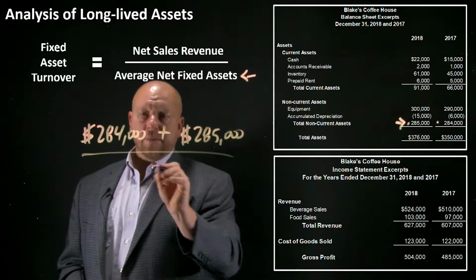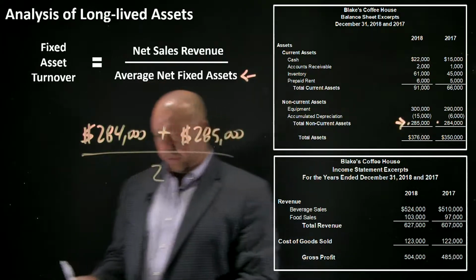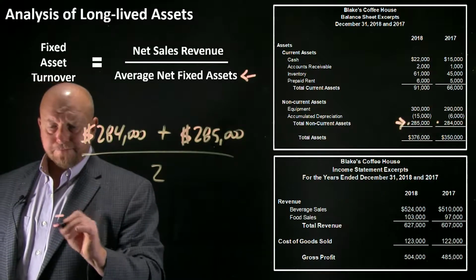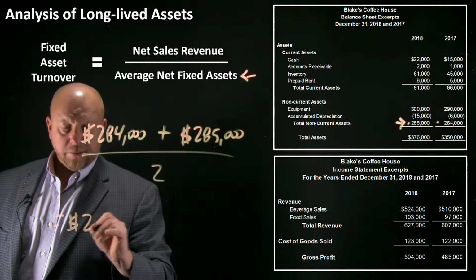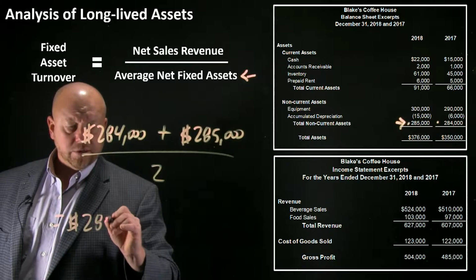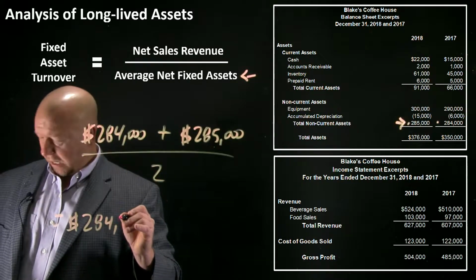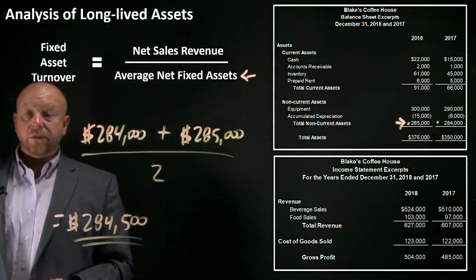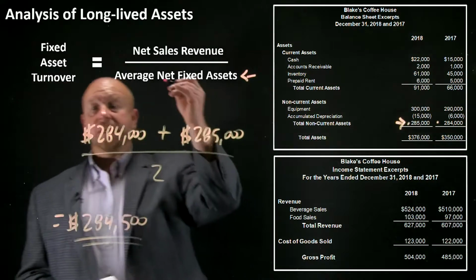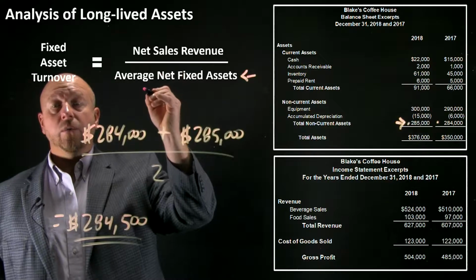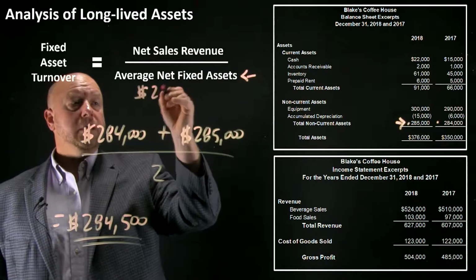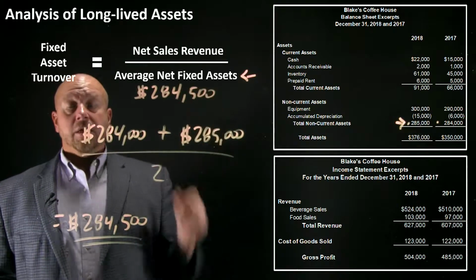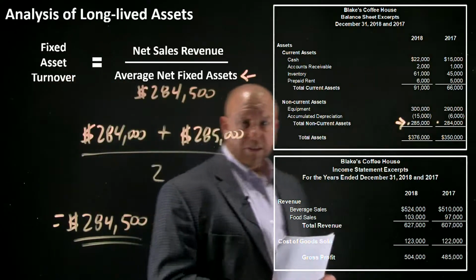Now, you can just eyeball this and you can see that the average is going to be $284,500, just simply because that's halfway in between those two values. Oh, and I may or may not have made the math easy for us by doing that. So now we have the average net fixed assets, and we can plug that in right here, $284,500. Last part of this formula is revenue.